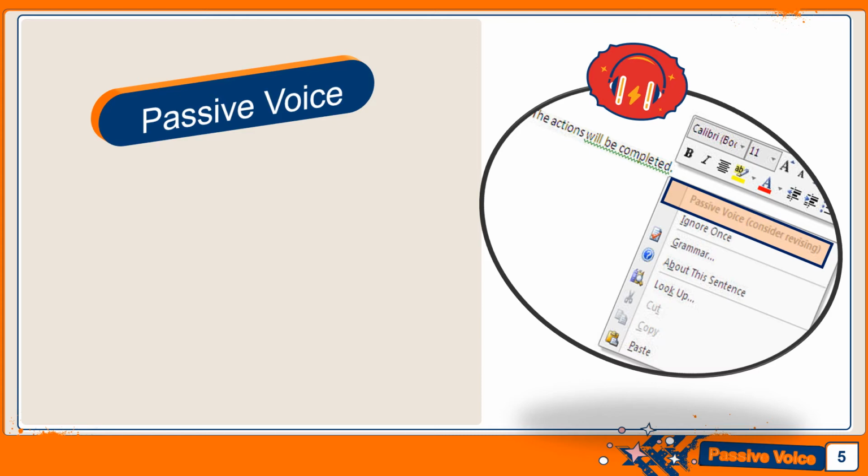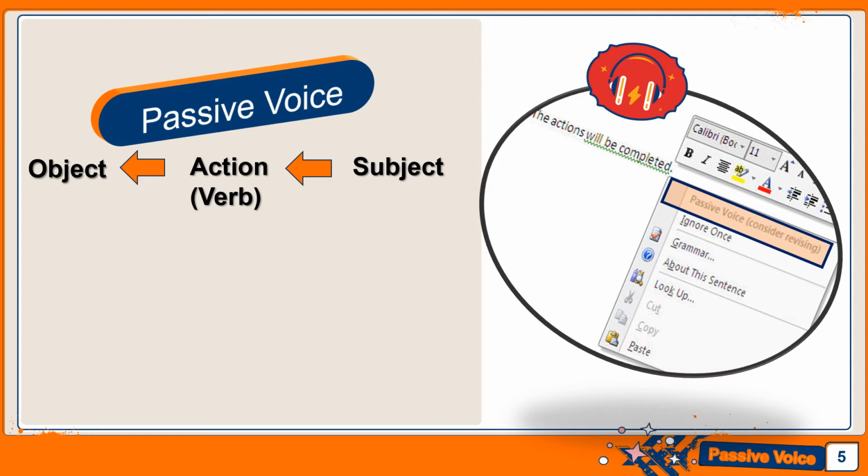That is all you have to do. So the structure of the sentence will be starting with object, followed by the action, that is the verb, followed by the subject. So this is how your subject will not get any importance anymore. So the structure will be object plus action plus subject, reverse order.